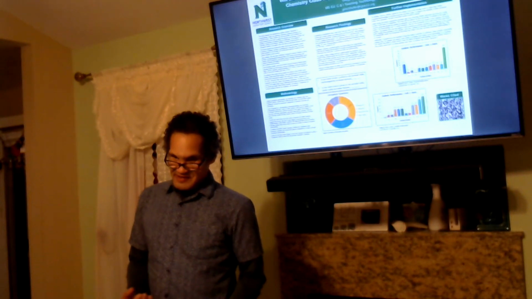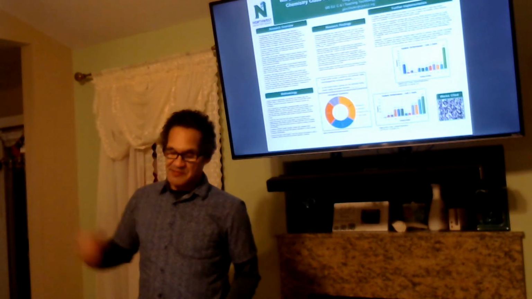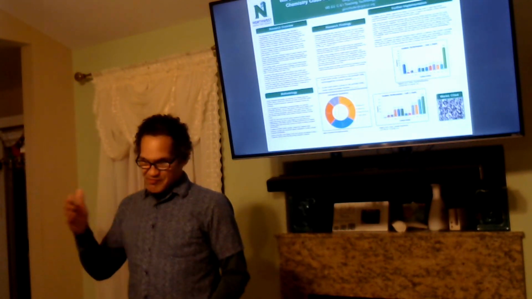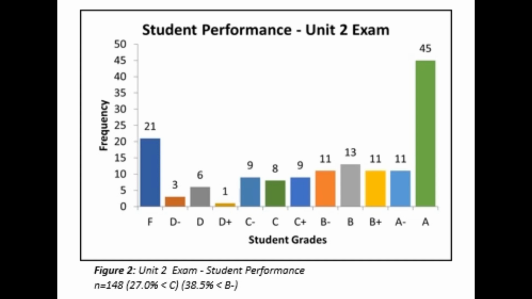So in collecting the data from students' Unit 2 exam and Unit 3 exam, I collected the data in an Excel spreadsheet and broke it out into essentially a histogram of different grades, F, D minus, D, D plus, C minus, and so on. And as you can see, in our initial Unit 2 exam prior to this implementation, we have a large number of students in the A range, some students going through that mid range, and then at the end, a large number of students who did not make a passing grade.